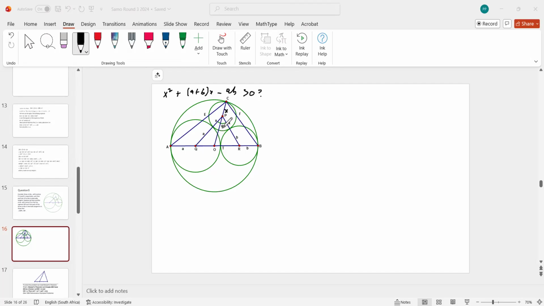And OP, you see, we know that these 3 radii are equal, so that should be able to help. But I need to have OP. Let me give a name to OP. Let OP be equal to p, small p.